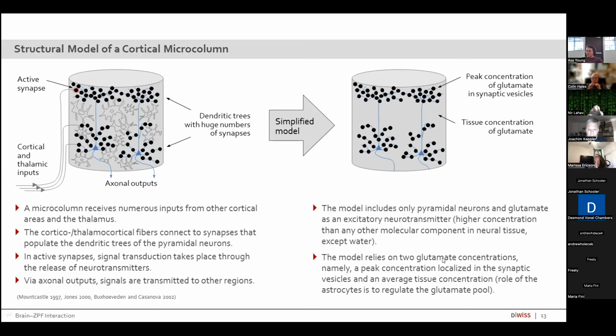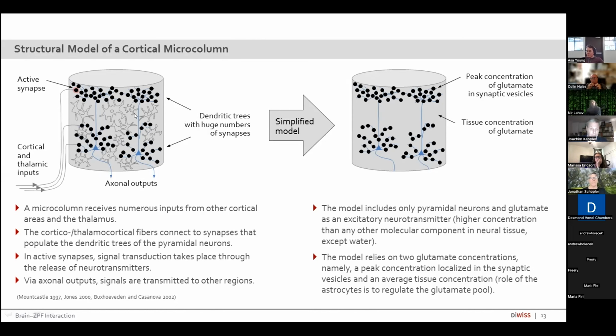And actually, there are two levels of concentration in such a microcolumn, namely a peak concentration localized in the synaptic vesicles and an average tissue concentration in everything else. If you look here, in comparison to the left-hand side, these so-called astrocytes or glia cells have now been removed, because their primary role is to regulate the glutamate pool and to keep the glutamate concentration within a specific range.